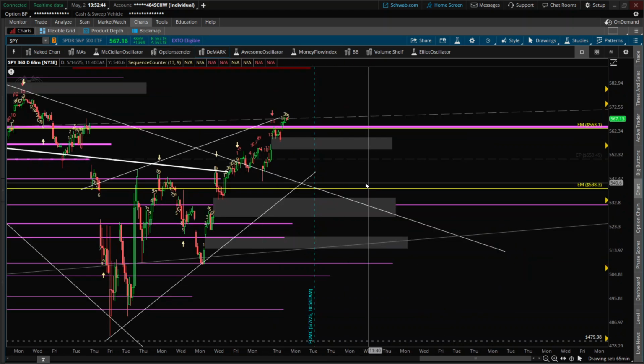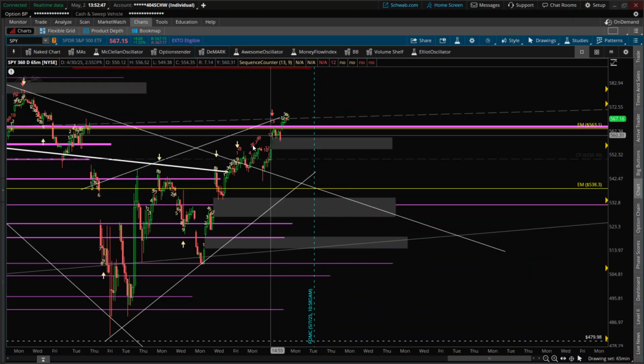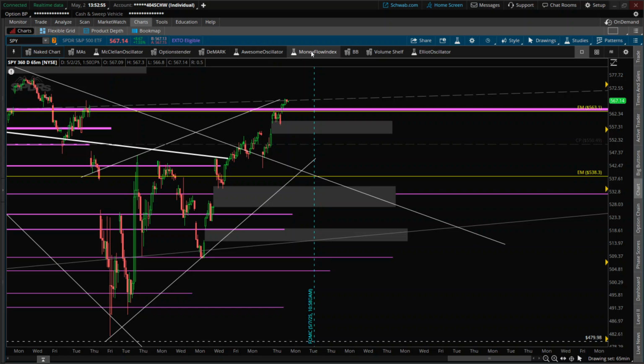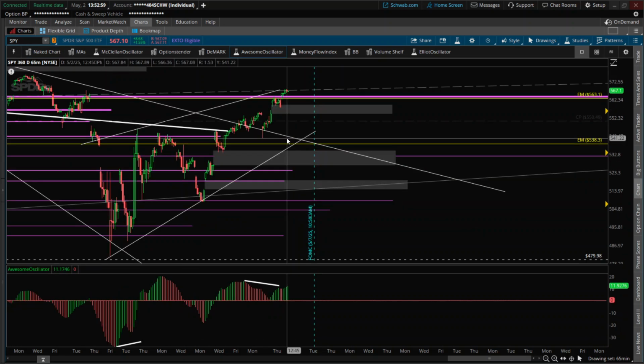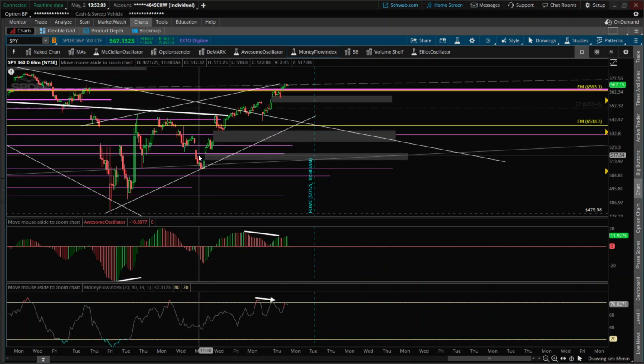DeMark, we got our 13 exhaustion, 9, 9, 13. That's a sell signal itself. Do we get another 9 up here? I don't know that sequence, but that's something we could look up. Awesome oscillator, negative divergence. Money flow, negative divergence.